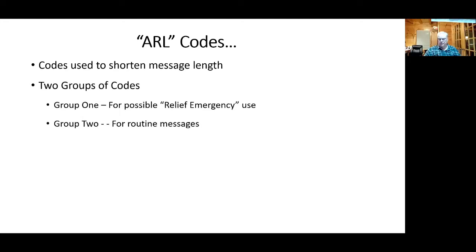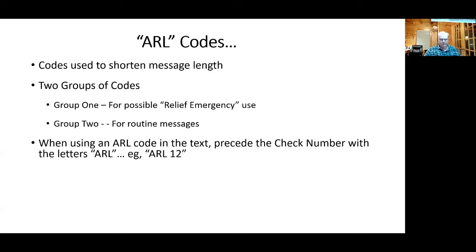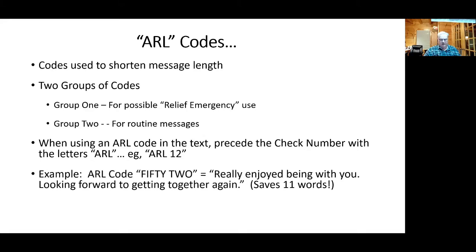There's two groups, real world emergencies, and group 2 is for routine messages. Here's an example. ARL code 52 is "really enjoyed being with you, looking forward to getting together again." It saved 11 words just by saying ARL 52.